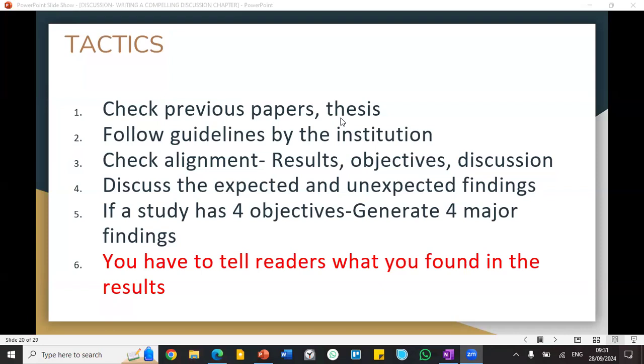Even in a manuscript, after you have read the abstract of a published article, the next section most readers go to is the discussion, because it's where you express yourself. We get to hear your voice, because you're the one who did the study. Are you able to express yourself well there, and the implications of those findings?